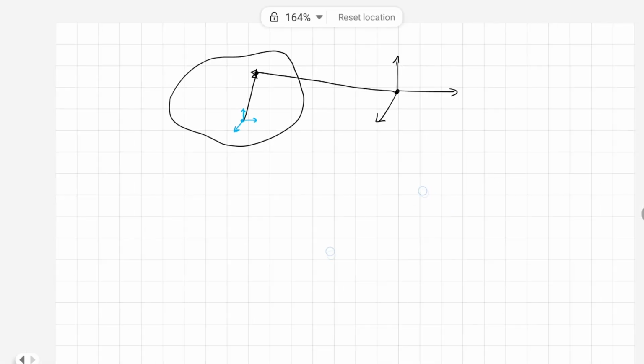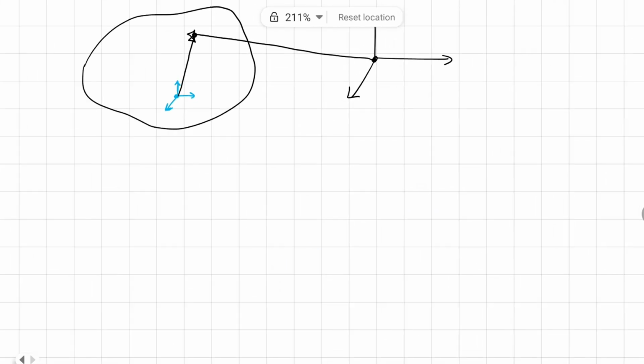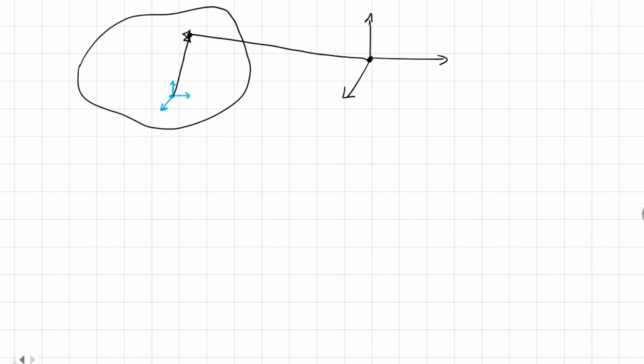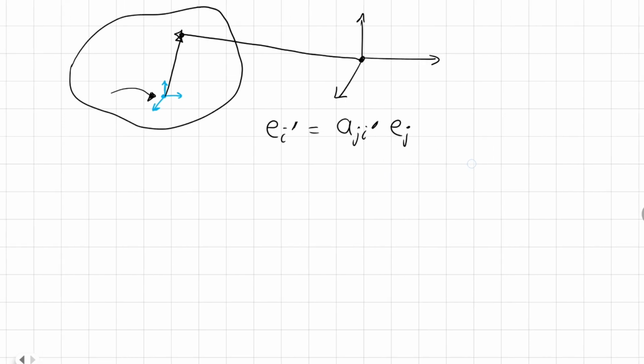And remember that there was an algebraic relation between the two coordinate systems that is given by the equation e_i prime equals a_ji prime e_j, where the prime denotes the basis that represents this coordinate system, and the elements that are not primed are the bases that compose this coordinate system.